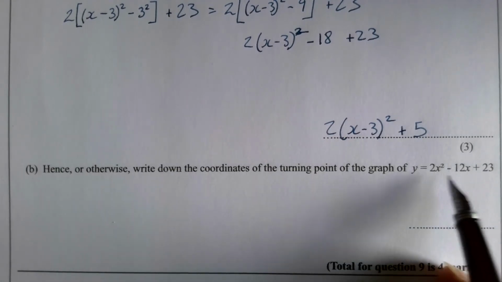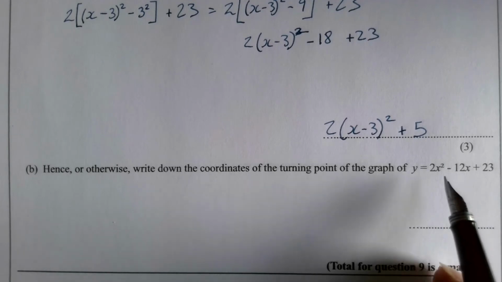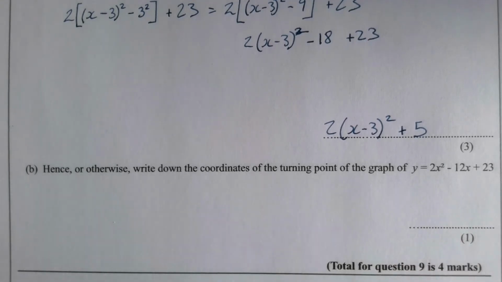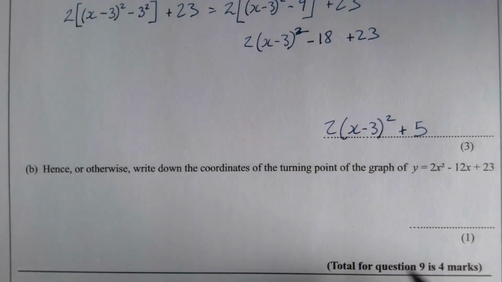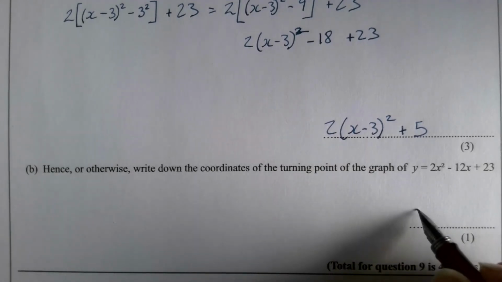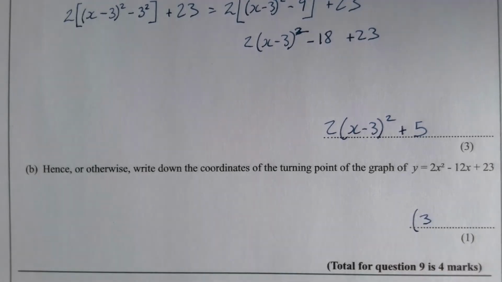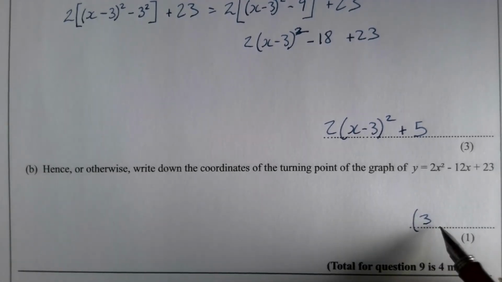Now then, looking at this, we want the turning point. Now the turning point is going to be the point where the bracket is equal to 0 still, because if that was 0, 2 times 0 is still 0. So the turning point is still going to be when the bracket is equal to 0. So our x is still going to be plus 3, because that makes the bracket equal to 0.